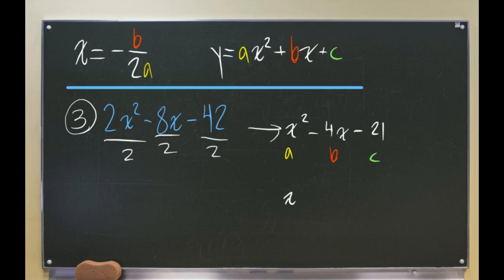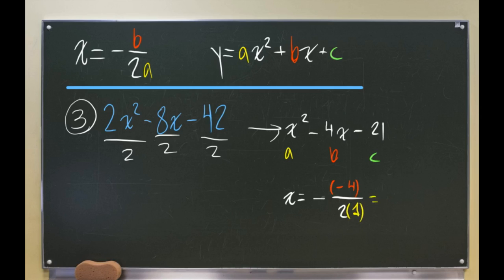X equals negative B, which is negative 4, divided by 2 times 1, which is our A. We already know that that's 2, but I'll still write it this time.